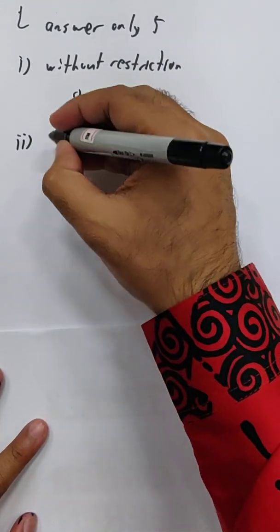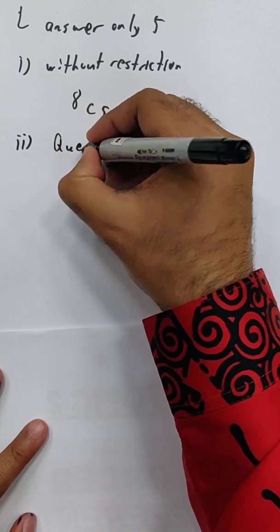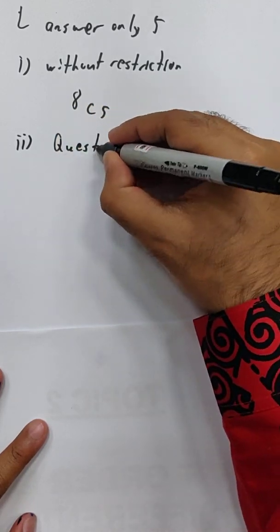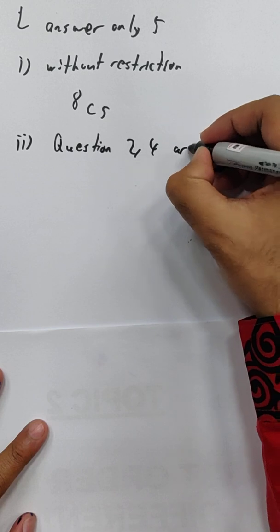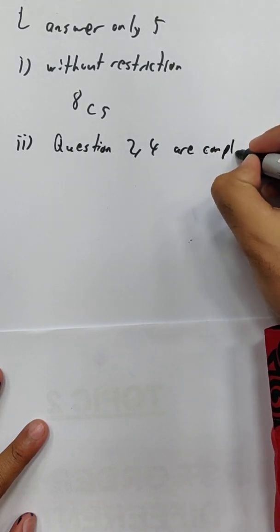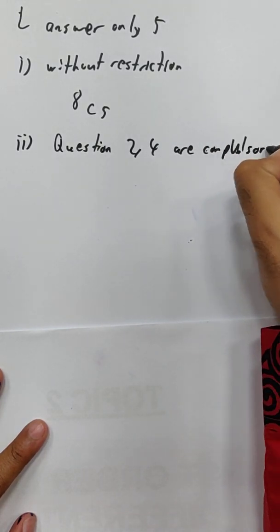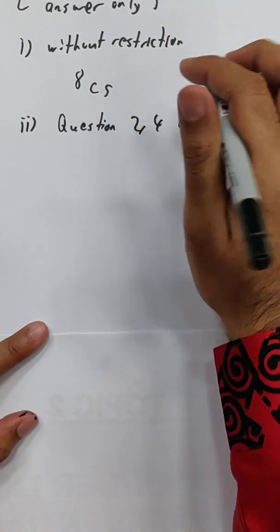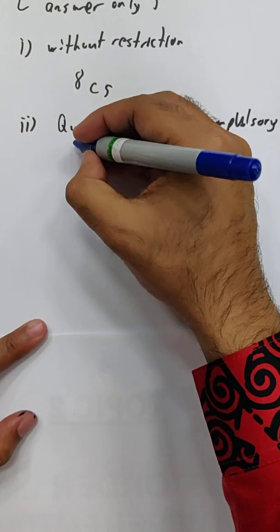What about if it says question 2 and 4 are compulsory? How is it going to be? 8C3? 6C3. Okay, if you cannot imagine it, let's try illustrating it.